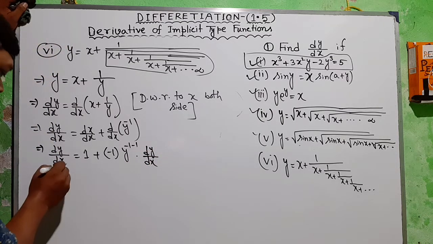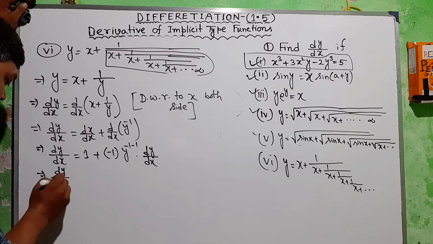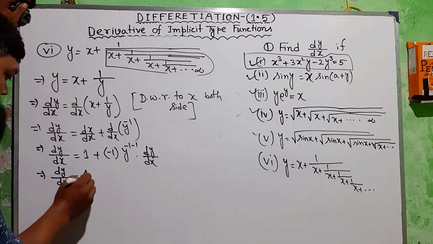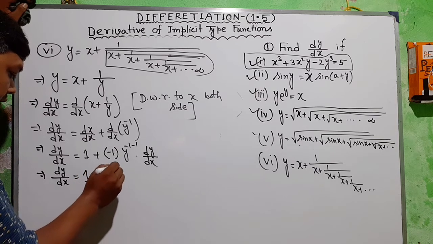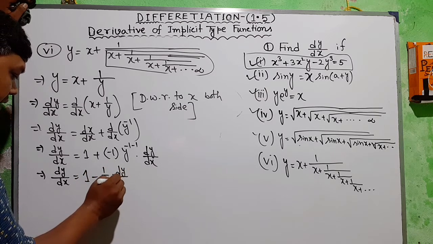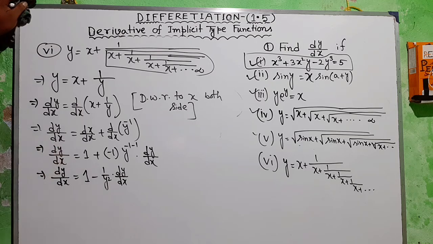So dy/dx equals 1 minus 1 by y squared dy/dx. Am I right? y to the power minus 2 means 1 by y squared.